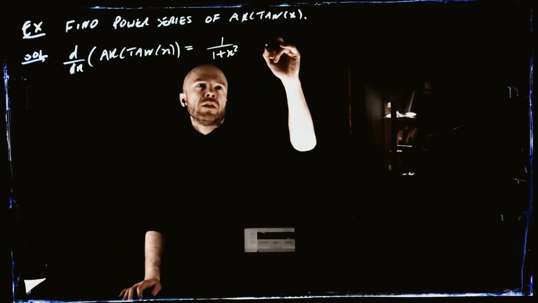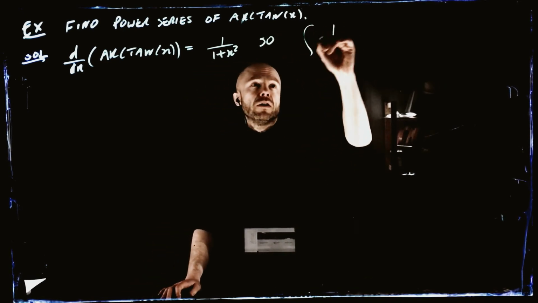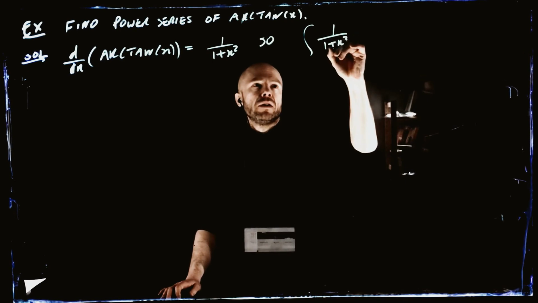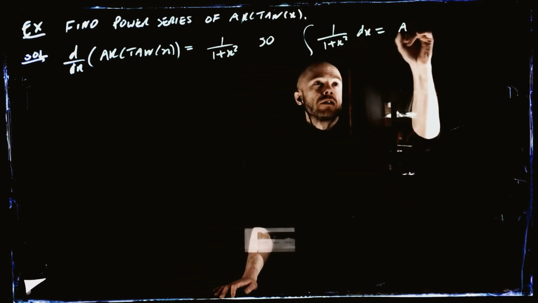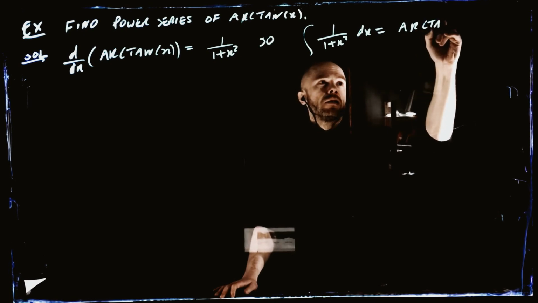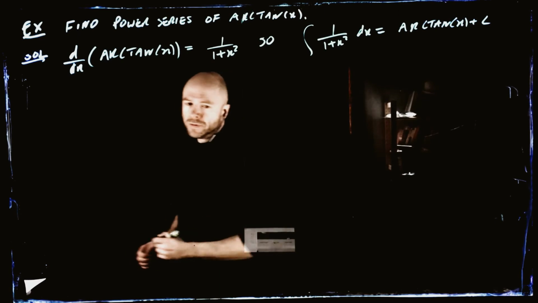Yeah. So if we take the antiderivative of 1 over 1 plus x squared dx, then indeed this thing is arctan of x plus constant c. Yeah?